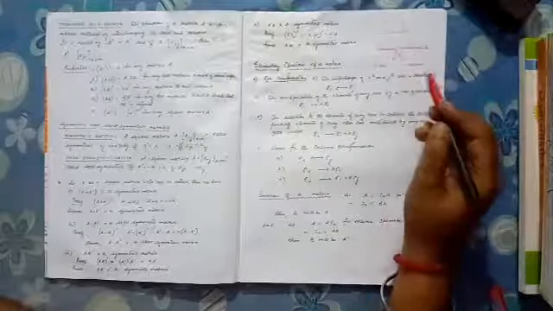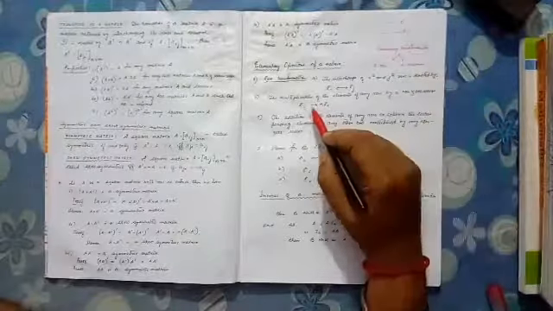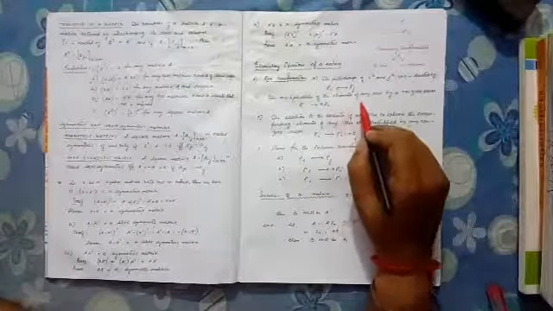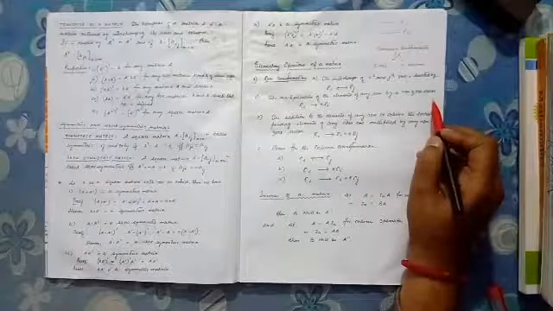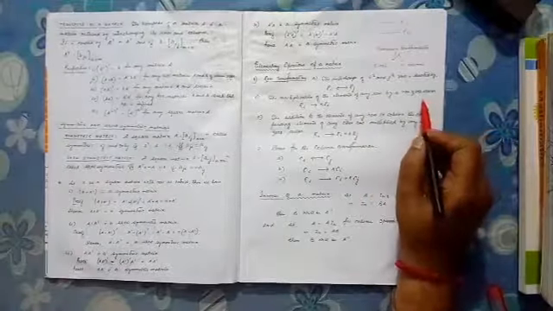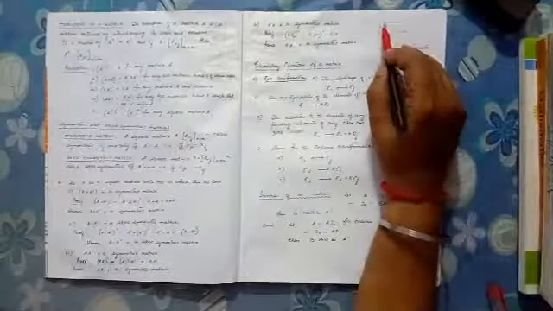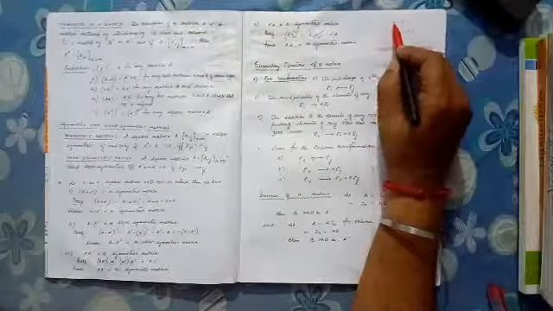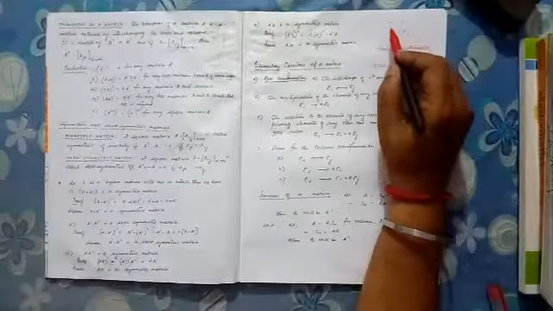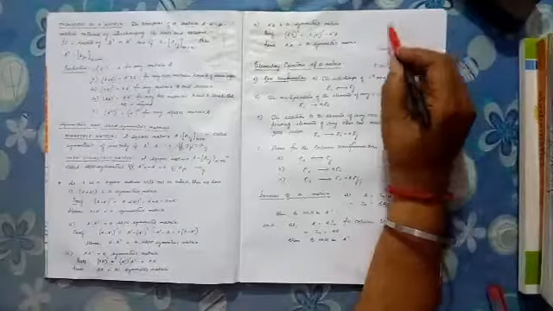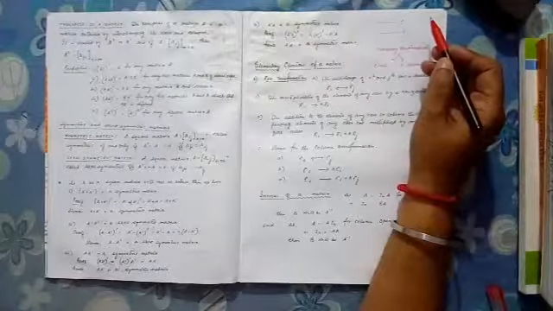It is permissible. The multiplication of the elements of any row by a non-zero scalar is permissible. Suppose for this row the elements are 2, 3, 4. We can write 4, 6, 8. We have multiplied all the elements by the scalar 2.